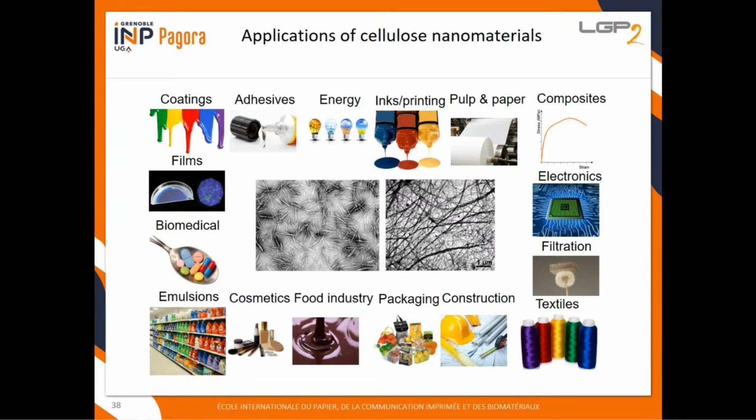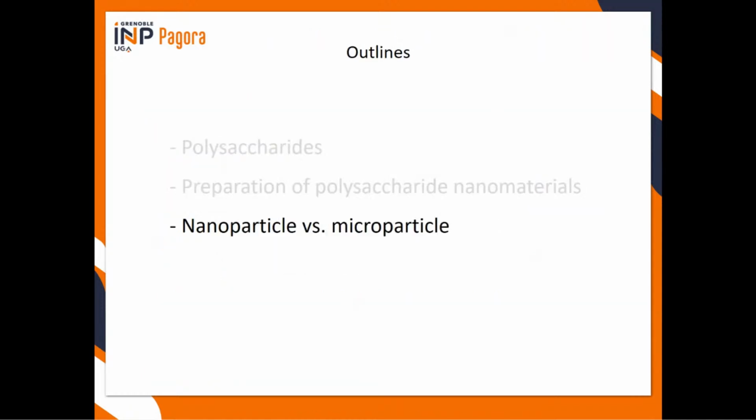And these new applications, or for some of them, new applications for cellulose, result from the decrease in the size of the material from the micro to the nanoscale. And so I will try to show you what are the differences between these two scales.